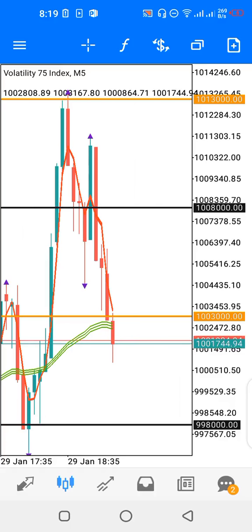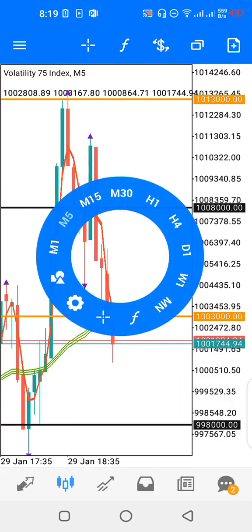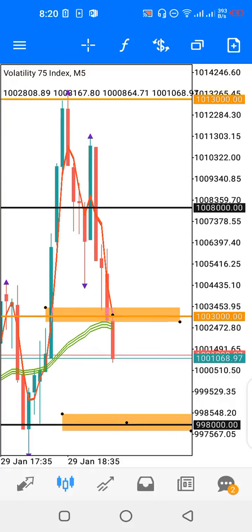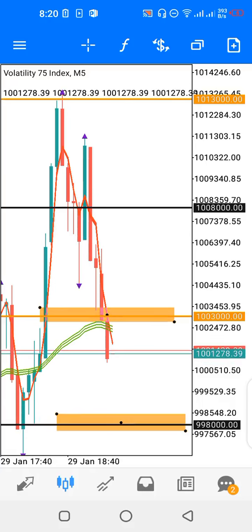So I'll be setting pending orders here, and I'll be setting pending orders here. I'll be having a buy stop and then a sell limit here. I'll be having a buy stop, and I'll be having a sell stop and buy limit here. So the first point of call will be here, 1003000, buy stop and sell limit.